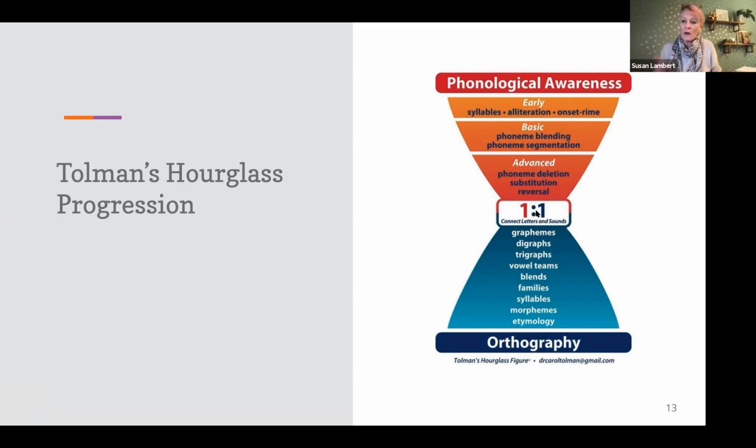And so that's what we want to do, is develop that one-to-one connection. And you'll notice here that we go through teaching kids that one-to-one correspondence in what we call basic code, all the way up to advanced code, and even moving into morphology, because morphology is going to be an important part of what we develop in this process.